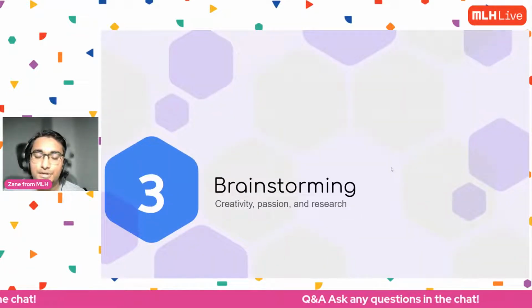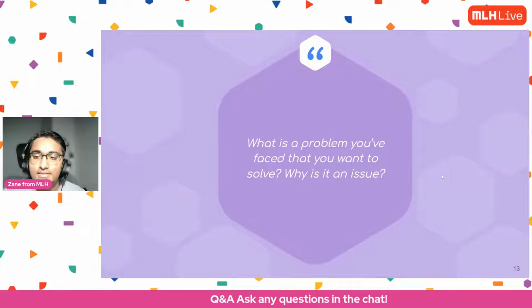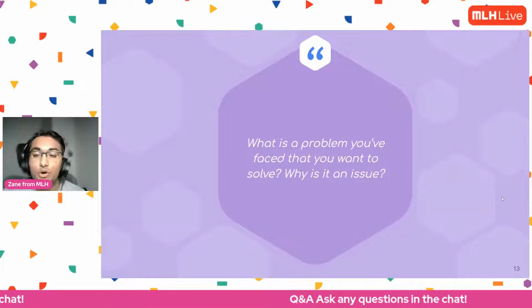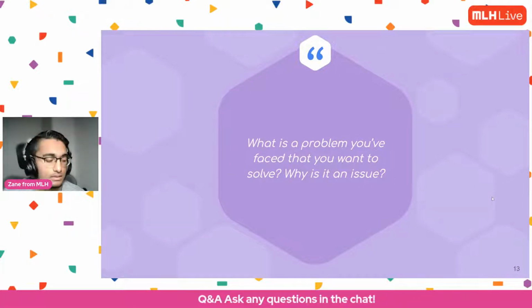And now onto brainstorming, how to actually come up with an idea. Like I mentioned, just think about a problem you've personally faced. And I think one especially important thing here is, why is it an issue in the first place?